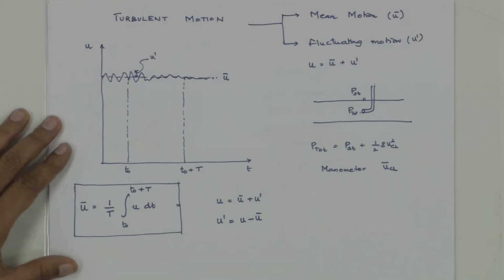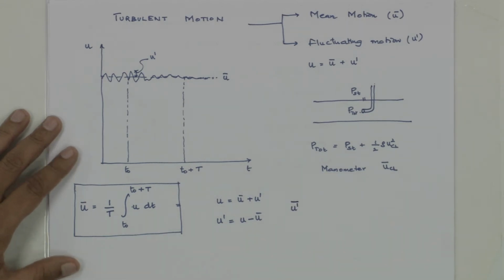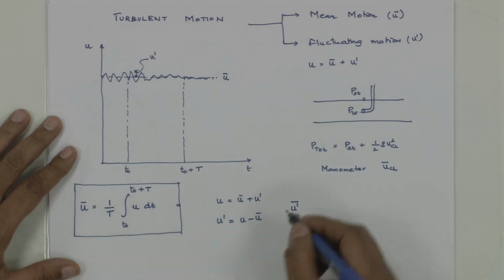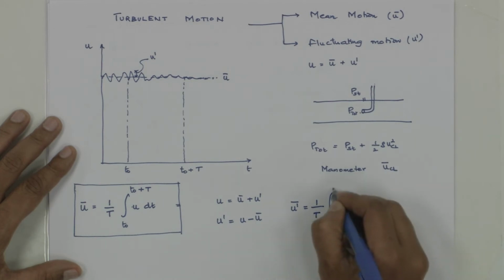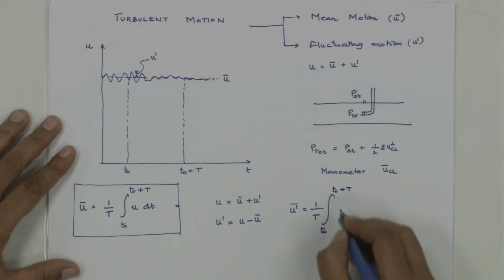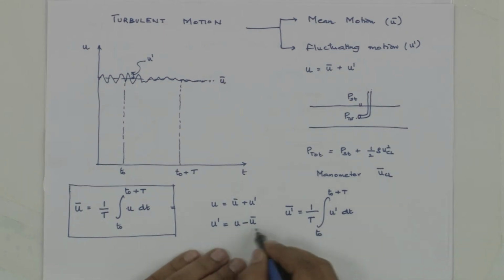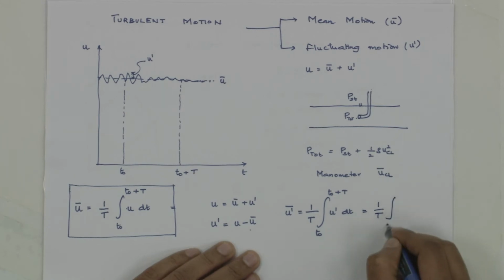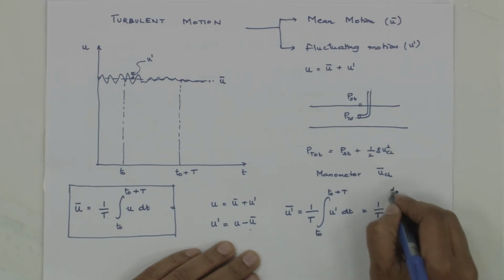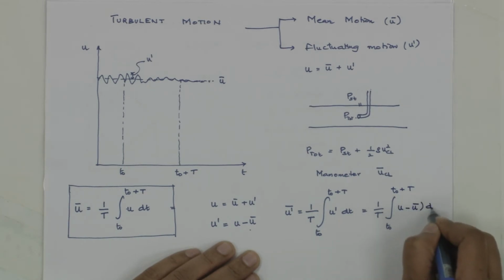Now let me ask, what would be the value of U prime bar? Again by this definition, 1 by T integral within the limits T naught to T naught plus T of U prime dt. Now U prime, I have just found, is U minus U bar. Let me substitute that. 1 by T integral from T naught to T naught plus T of (U minus U bar) dt.